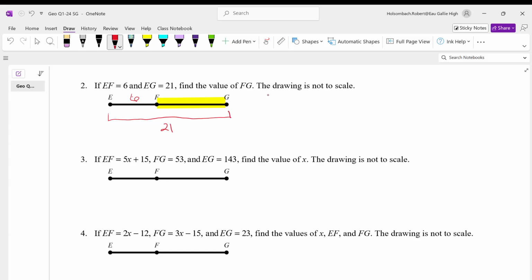So if we say 6 plus FG is equal to 21, and subtract 6 from each side, the FG falls down, and we're equal to 21 minus 6, which is 15. You add the 2 smaller pieces together to find the length of the entire segment.